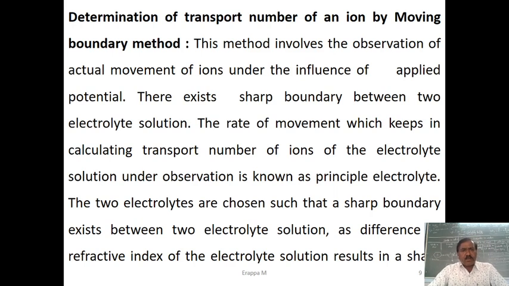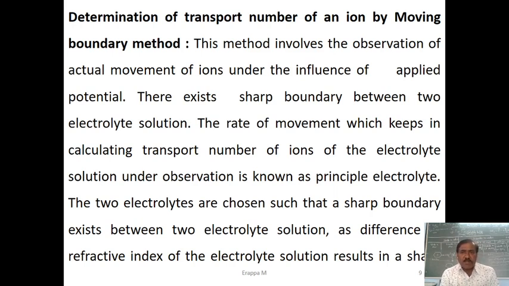Next, another very important topic in this session is how to determine the transport number of an ion by the moving boundary method. The electrolyte is HCl, the transport number of H plus in HCl. This method involves the observation of actual movement of ions under the influence of an applied potential.